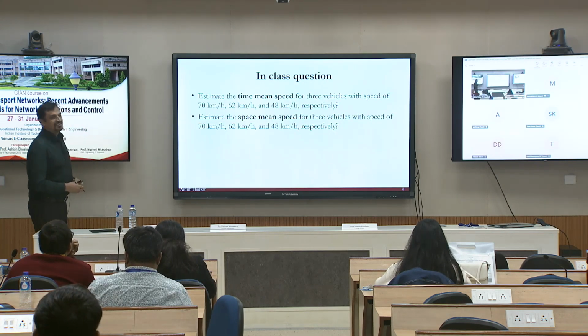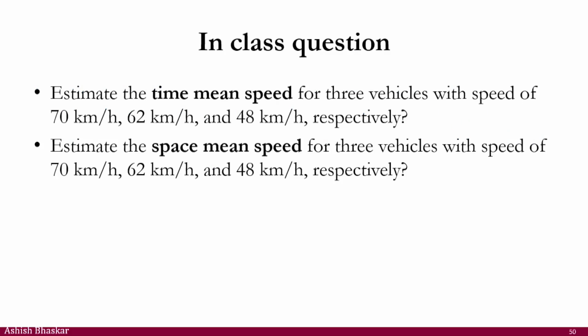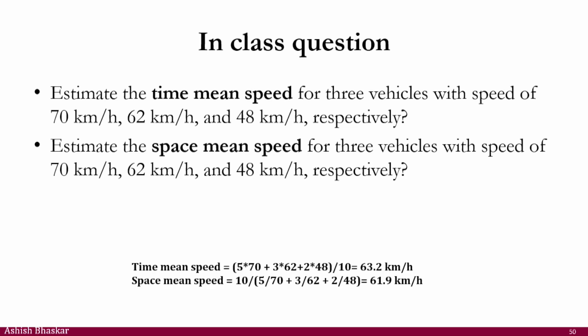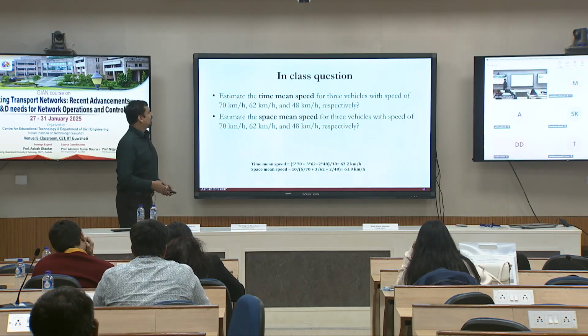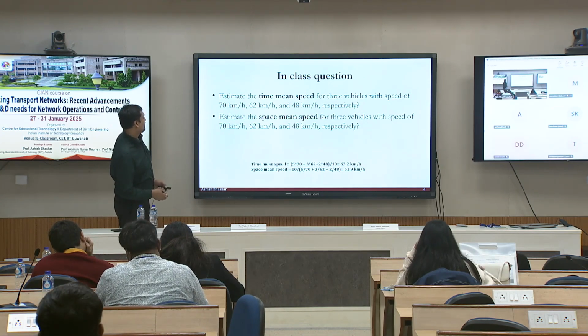A straightforward question is there. So what is the time mean speed? If I give you 3 speeds, what is the space mean speed? First not 60, first one 63.2. No, it's the wrong one I put here.